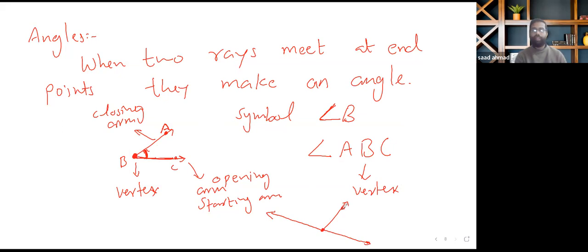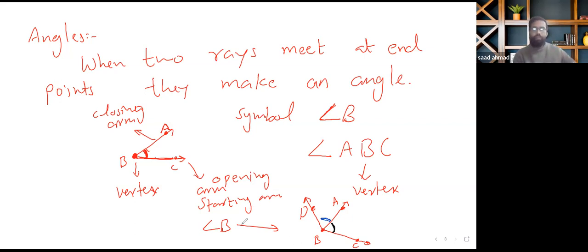Now, let's say this is A, this is B, this is C, and this is D. If I refer to this as angle B, it's confusing. I don't know which angle I'm talking about, this angle or that angle.